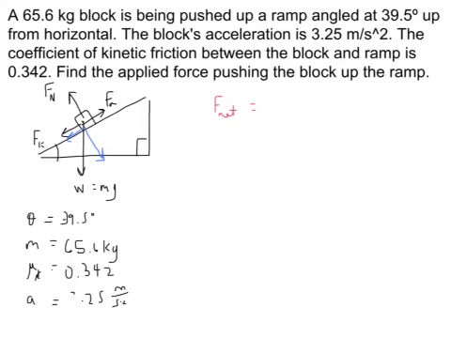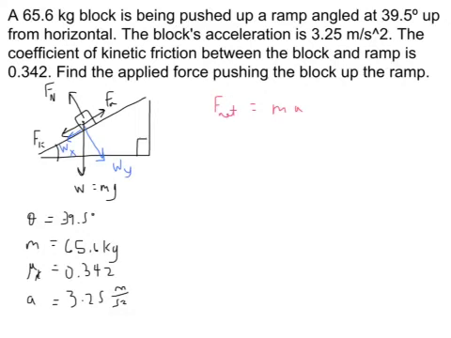Okay. So to find the applied force, we're going to have to use that F net is equal to ma, and we could plug in with F net as the applied force minus Fk, also minus the Wx. So let me start again.